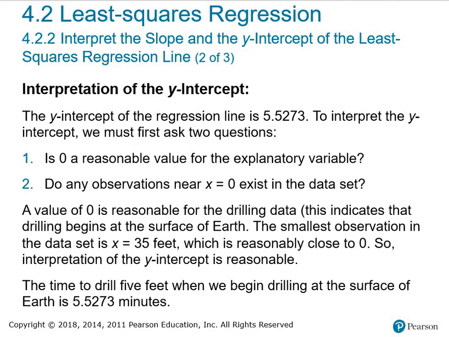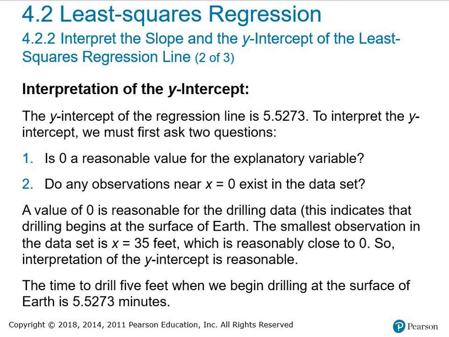Sometimes we are able to interpret the y-intercept only under 2 conditions. The questions that we need to answer first before we are able to interpret the y-intercept are: is 0 a reasonable value for the explanatory variable? Let's plug that into the context of the question. If x is equal to 0, that means we're going to start drilling at the surface of the earth.